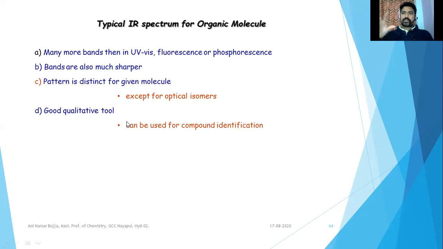Whenever an organic chemist synthesizes a new molecule, he will go for IR spectroscopy. He will give that pure sample to record the IR spectra of that molecule to identify what kind of functional groups are there.